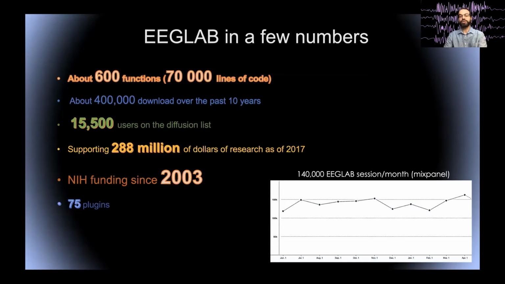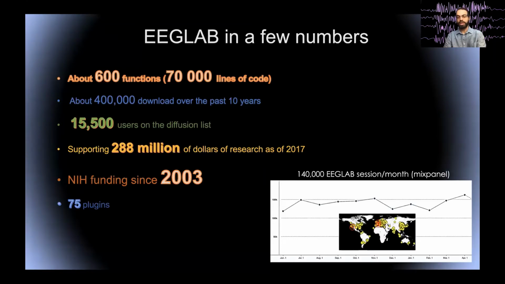But that's to give you rough estimates of how many people use it in the real world. This tool also allows us to see which version people are using and other kinds of details. And this is where it's spread out in the world: strong concentration in the US, Europe, and Asia, mostly.